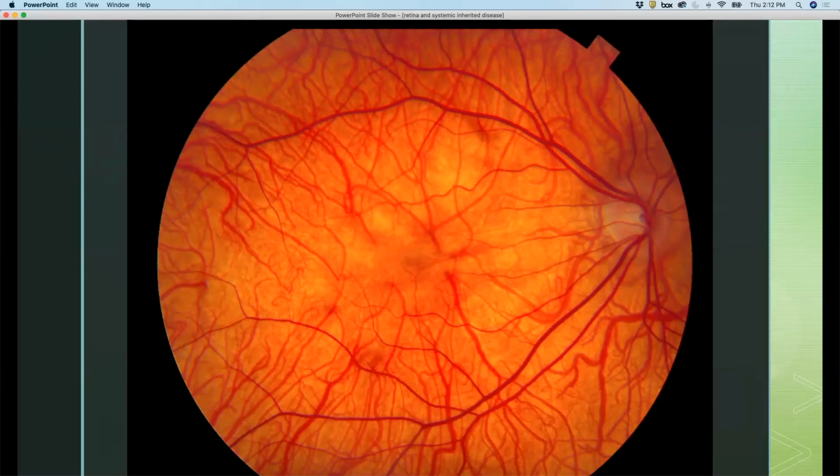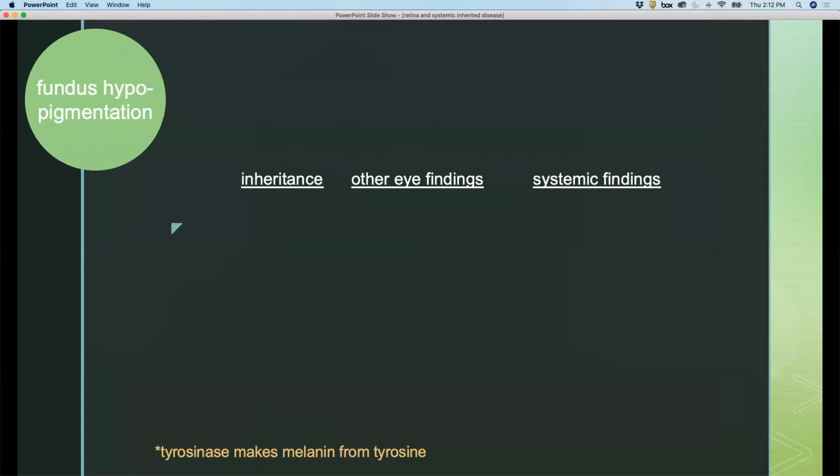Yeah, I guess maybe it could be choroideremia, but maybe think about what other causes of blonde fundus there are that affect the rest of the body. Oh, albinism. Yes, great, wonderful. So this is a picture of someone with albinism. And there's a couple other diseases associated with albinism that have more effects on the rest of the body. And there's a couple other diseases that can cause fundus hypopigmentation.